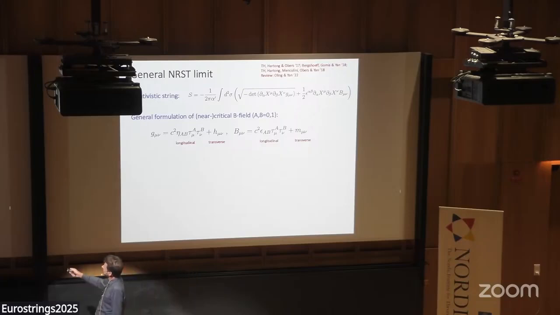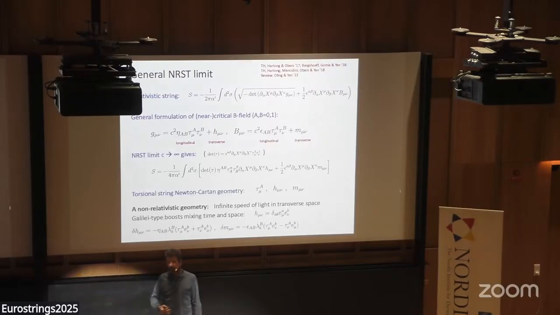If you do that, then you can take your favorite relativistic string Nambu-Goto action and take this limit, and then you get a finite answer, which is this. Again, the details are not so important. The message is that it gives a finite action. But this action is no longer with a relativistic target space. It's with a non-relativistic target space, the so-called torsional string Newton-Cartan geometry.